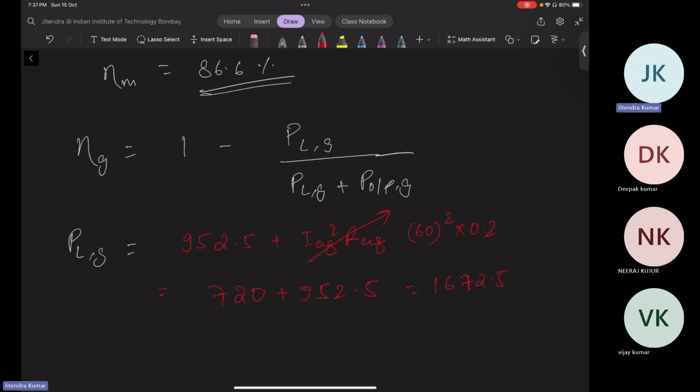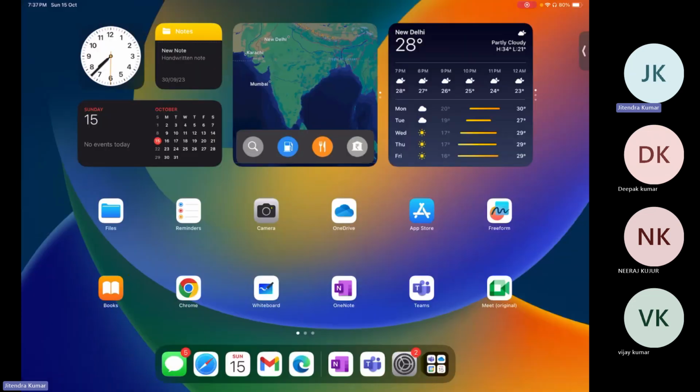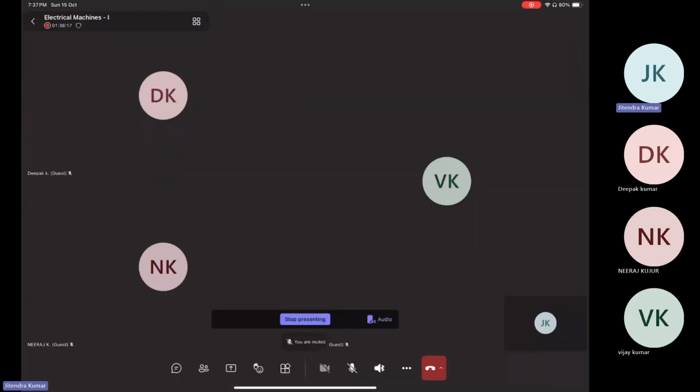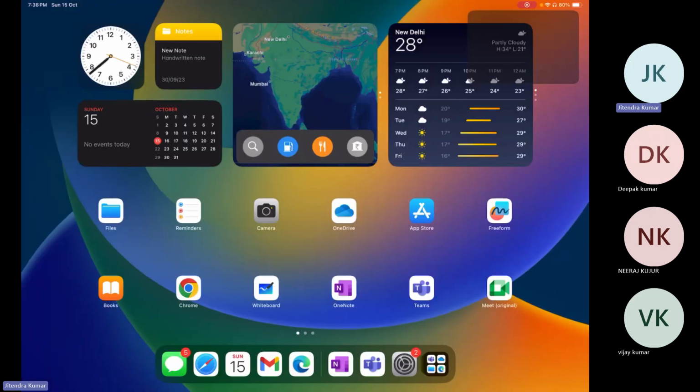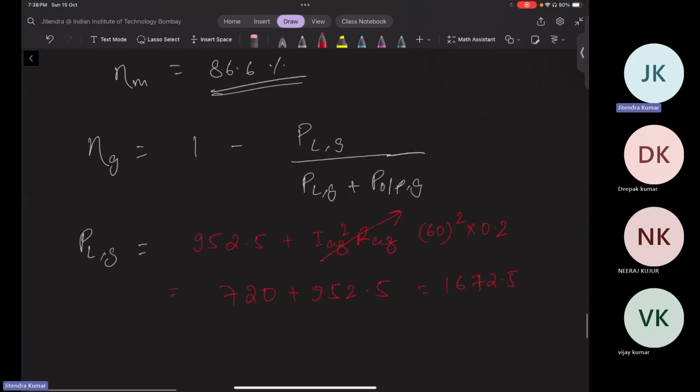Yeah, so here, this is the losses. We have to add the field losses as well.